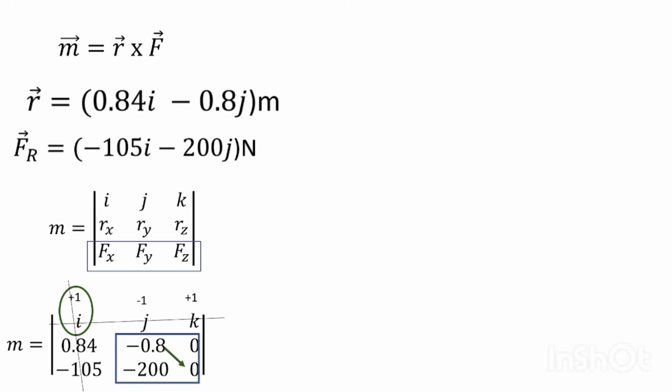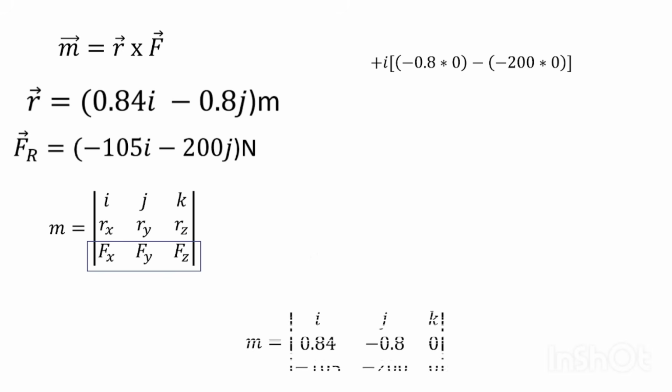Then multiply the top left by the bottom right, and subtract the bottom left multiplied by the top right. If you do that, what you have is minus 0.84 times 0 minus, in brackets, minus 200 times 0, all multiplied by plus i. Then you do the same for j.